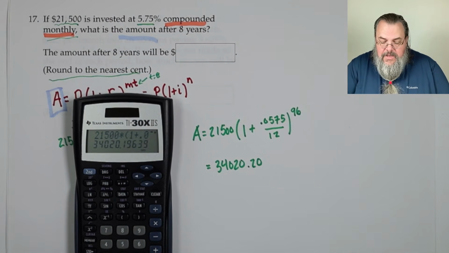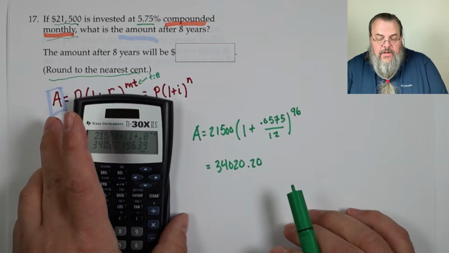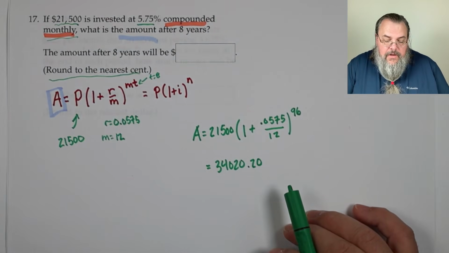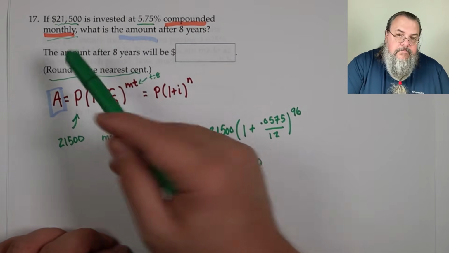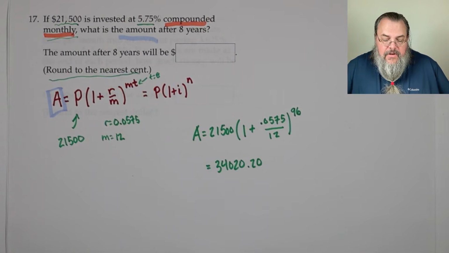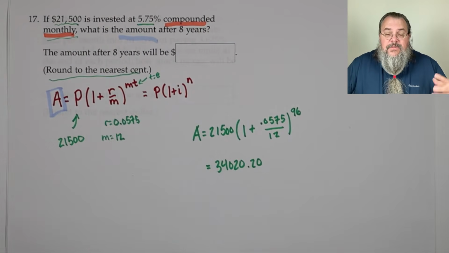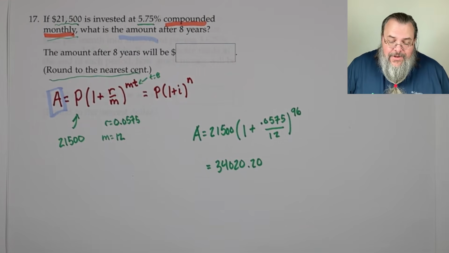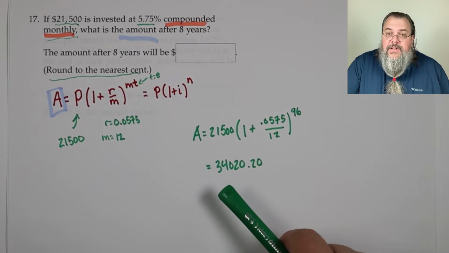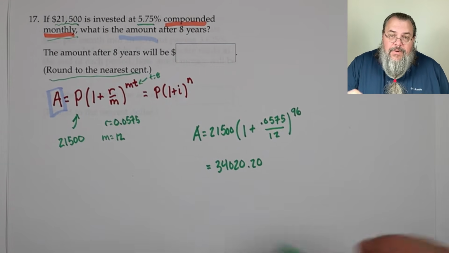And now we say, okay, does that sound like a reasonable amount? Well, at 5.75%, we should be gaining somewhere in the neighborhood of a little over $1,000, maybe $1,100, $1,200 a year. So after 8 years, we should be somewhere north of $10,000, but not ridiculously north. So it should be somewhere in the 30,000s, probably the lower end.